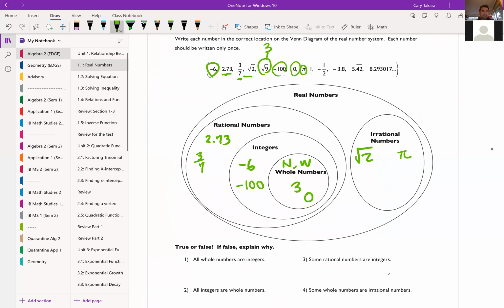So are you getting the hang of this? Very good. With a correct symbol too. Very good, Aiden. How about 1? Where would you put 1? Again, 1 is whole number. Again, yeah, once you put number in a whole number, that means that it's also integer. It's also in rational number circle, right?